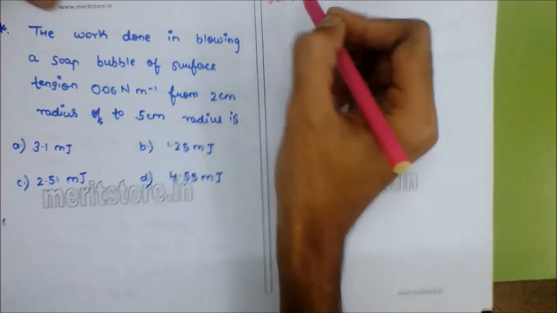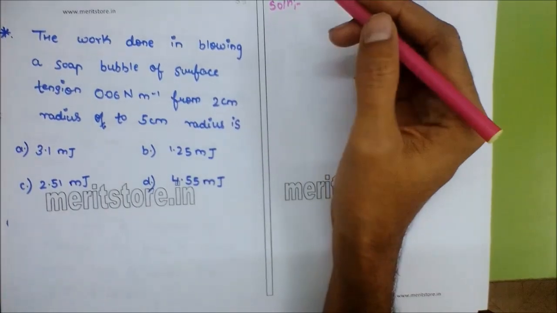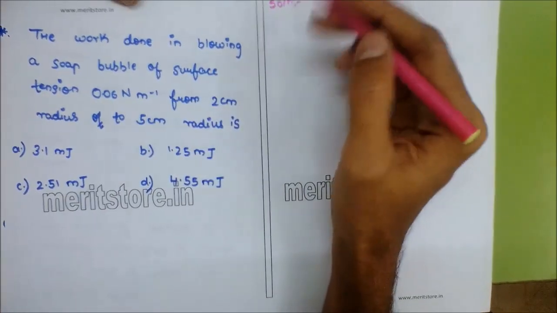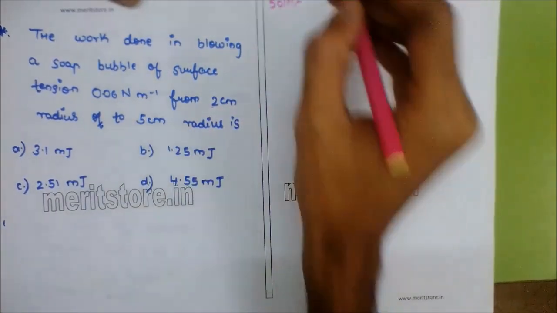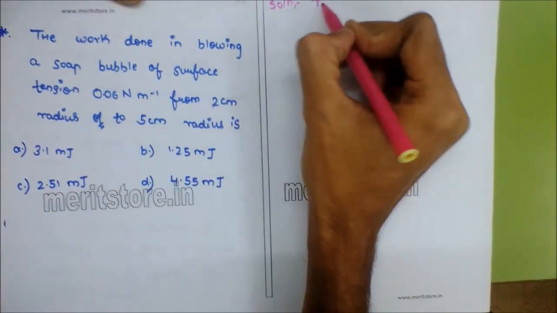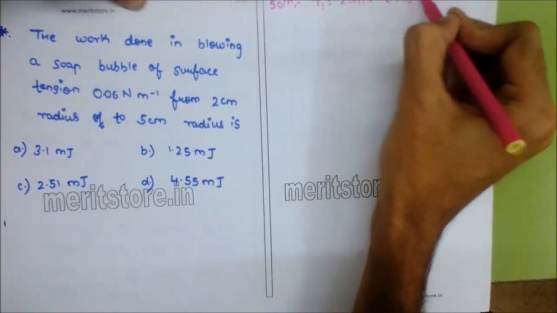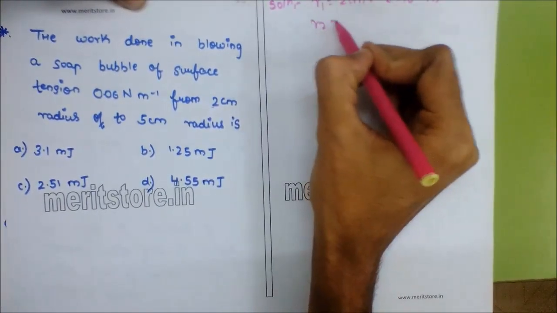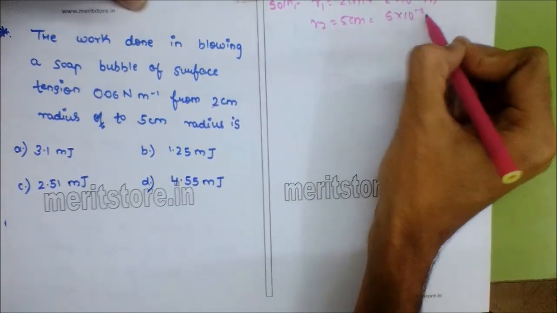Okay, so basically we have a soap bubble, and the soap bubble is blown from radius 2 cm to radius 5 cm. So we have two radii, r1, that is 2 cm, which gives you 2 into 10 raised to minus 2 meters, and another one r2, that is 5 cm, which gives you 5 into 10 raised to minus 2 meters.